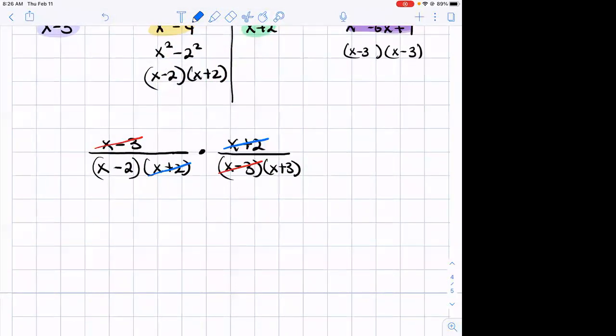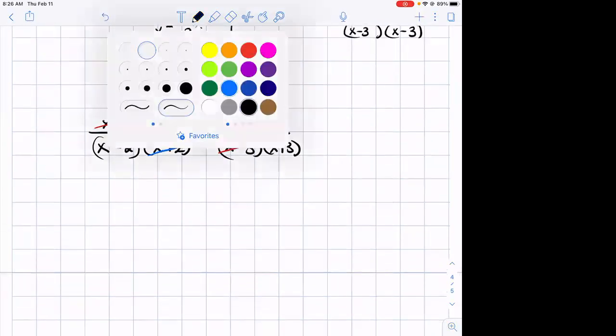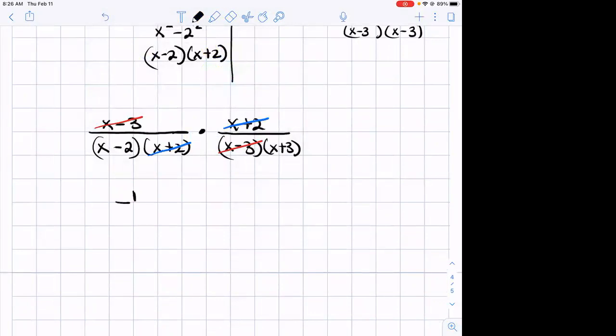There's nothing in the top other than a 1. So what I'm left with is 1 over x minus 2 times 1 over x plus 3. Be careful: when you cancel, it doesn't mean nothing is left. There is a 1 there.